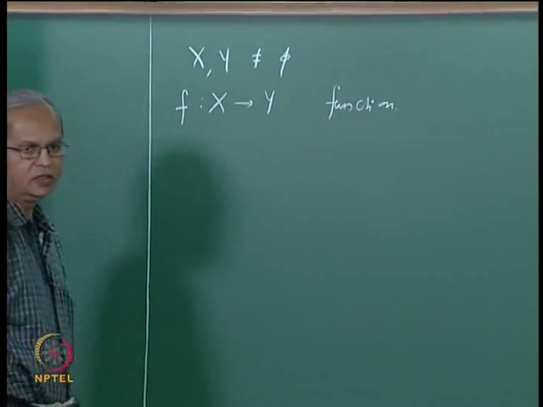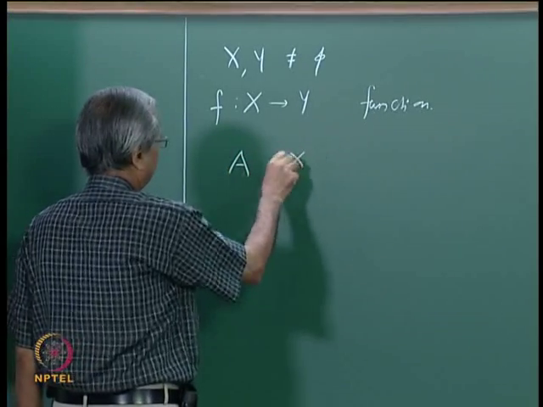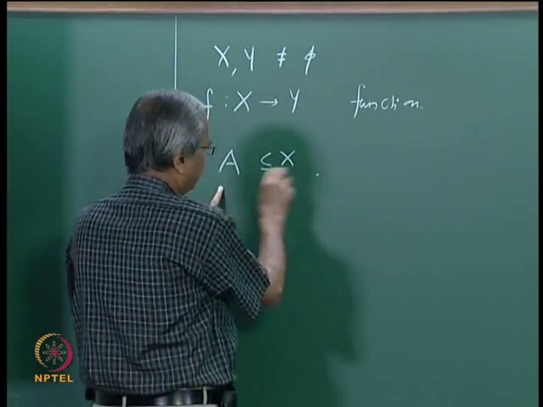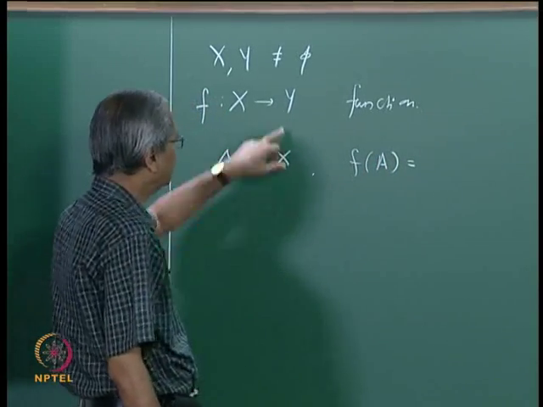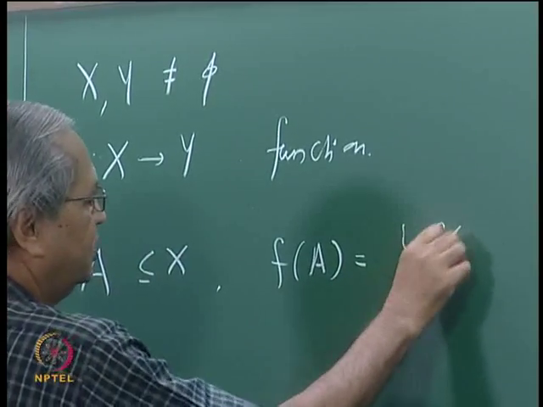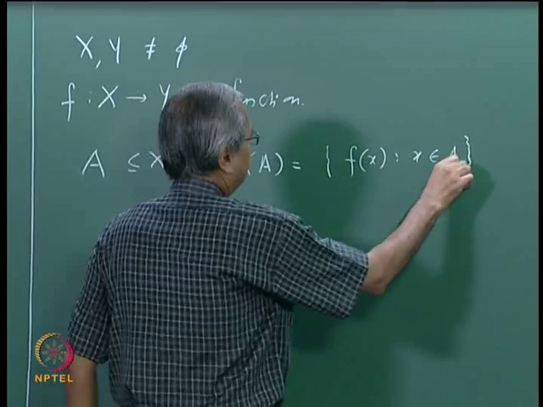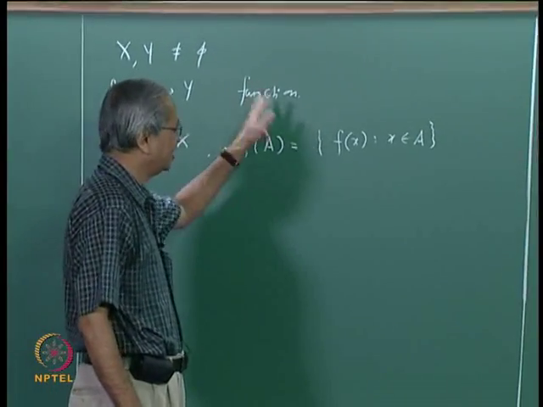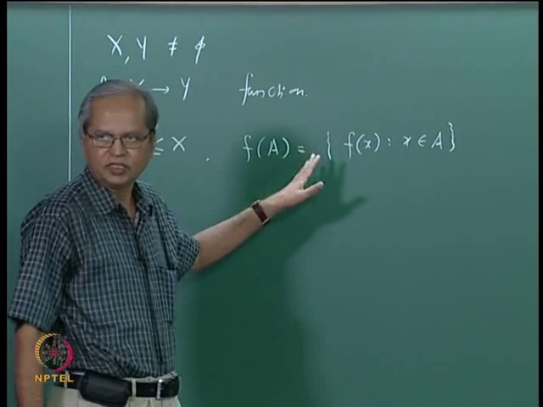Then given any subset A of X, we can talk of what is meant by image of A, that is f of A. This will be a subset of Y, and so this is nothing but the set of all elements of the form f(x) for x in A. An alternate way of describing this will be the set of all elements y in Y such that there exists x in A such that f(x) is equal to y. Something like this we have seen.